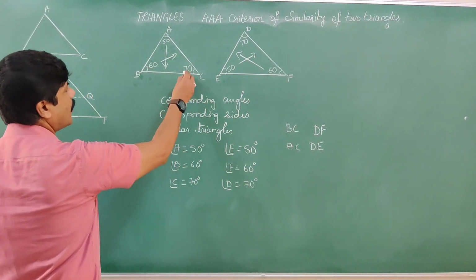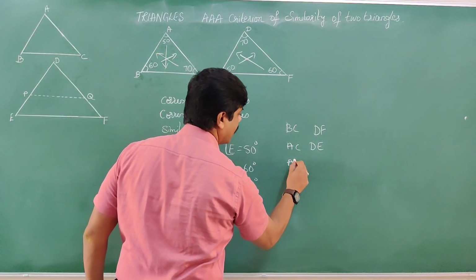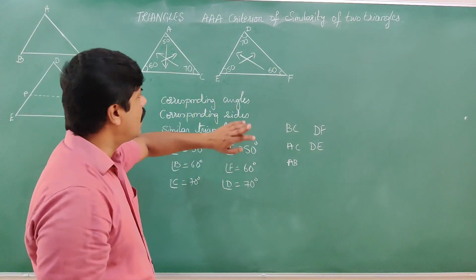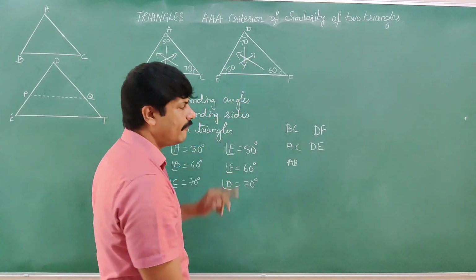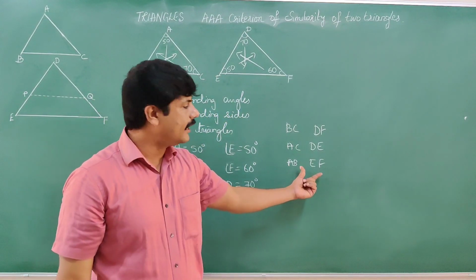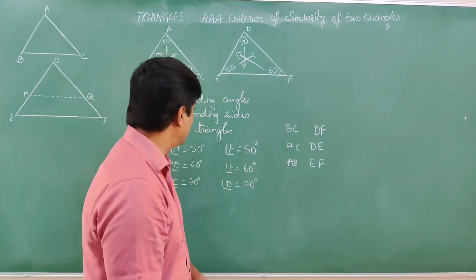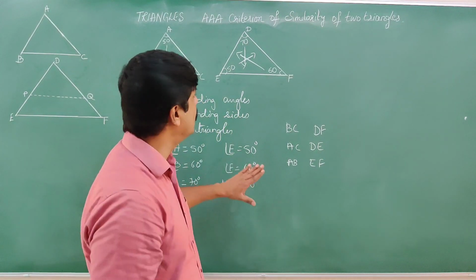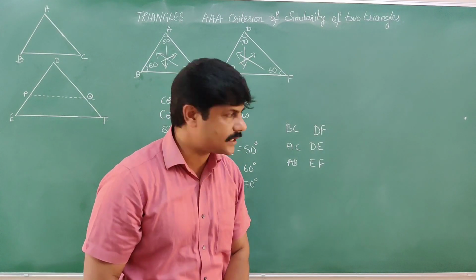Next, opposite to 70, AB in triangle ABC, and opposite to 70 in triangle DEF, side EF is there. Therefore, AB and EF are corresponding sides. Did you understand, children? This is very important to prove this AAA criterion of similarity of two triangles.